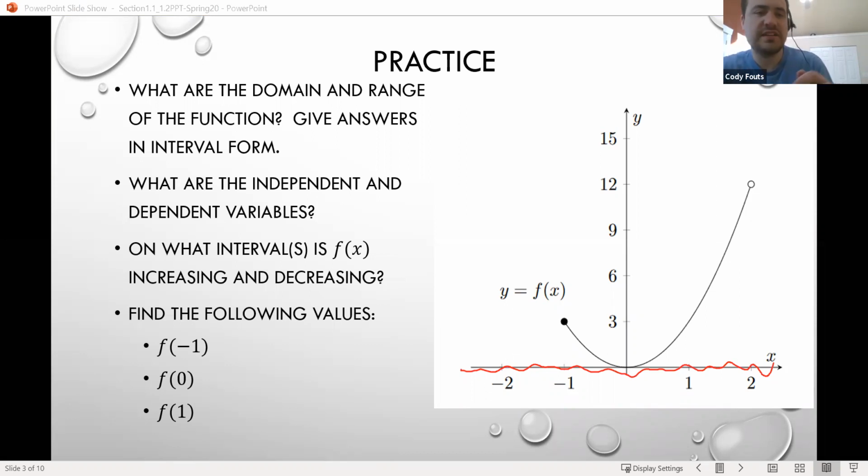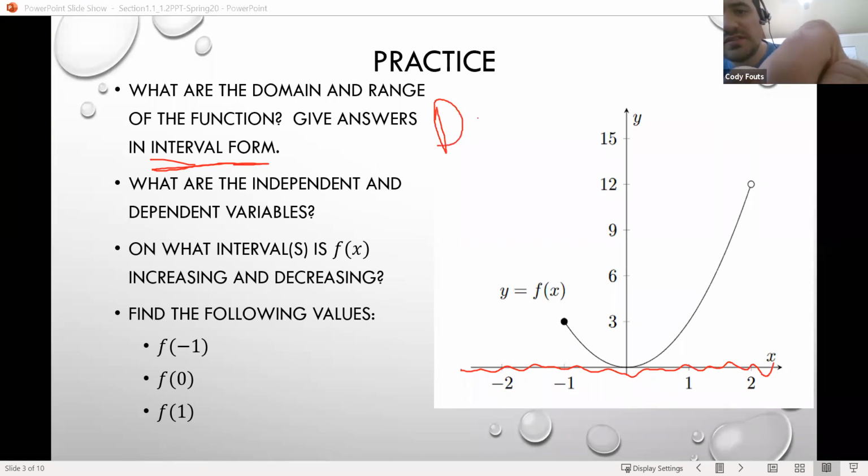And note, we're also asked to give our answer in interval form, so we need to keep that in mind as we're going through this. So for the domain, I'm going to put a D here to represent the domain. And those 2 squiggles are supposed to be colons. I'm sorry, I'm still learning how to use my stylus.